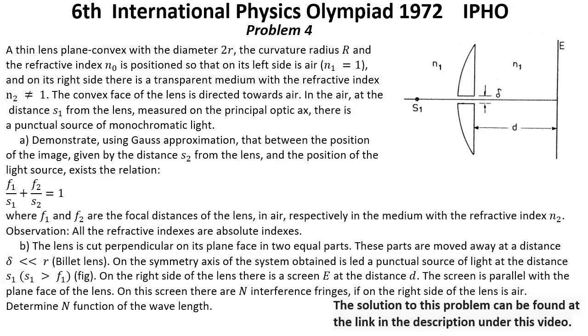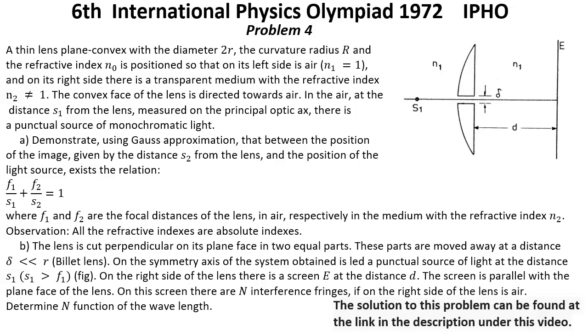Question B. The lens is cut perpendicular to its plane face into two equal parts. These parts are moved away to a distance delta much less than r. Billet lens. On the symmetry axis of the system obtained is a LED, a punctual source of light, at the distance s1 greater than f1.